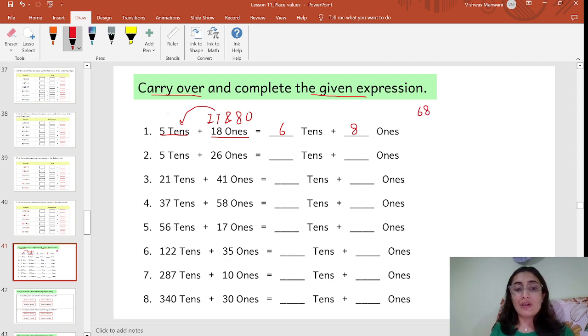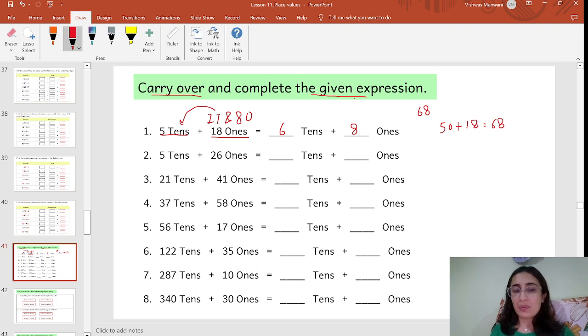And here also, if you look, 5 tens, which is 50, plus 18 ones, which is 18, would have again given me the number as 68. So what you can observe from here is that we did not change the number. We just represented it in a different way.